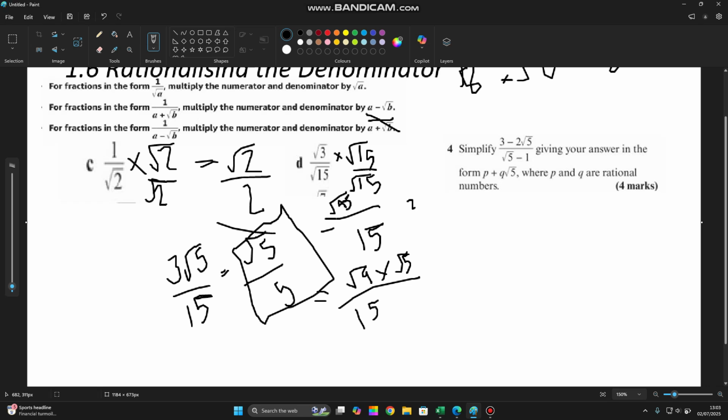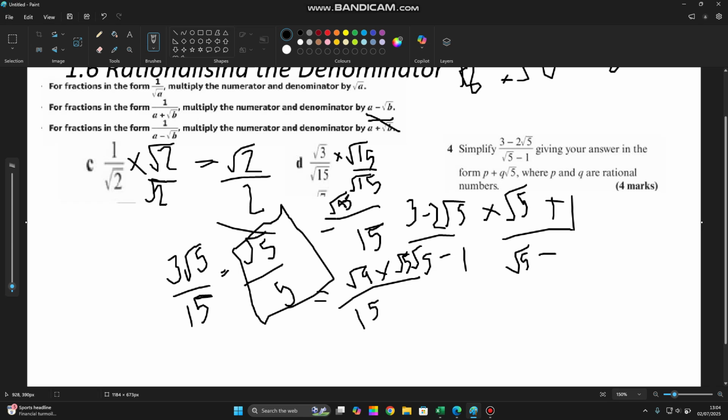So do 3 minus 2 root 5 over root 5 minus 1, and we're going to times that by root 5 plus 1 over root 5 plus 1. So this is just the conjugate. We're cancelling out all the square roots, so we'll just get rational numbers as a denominator.